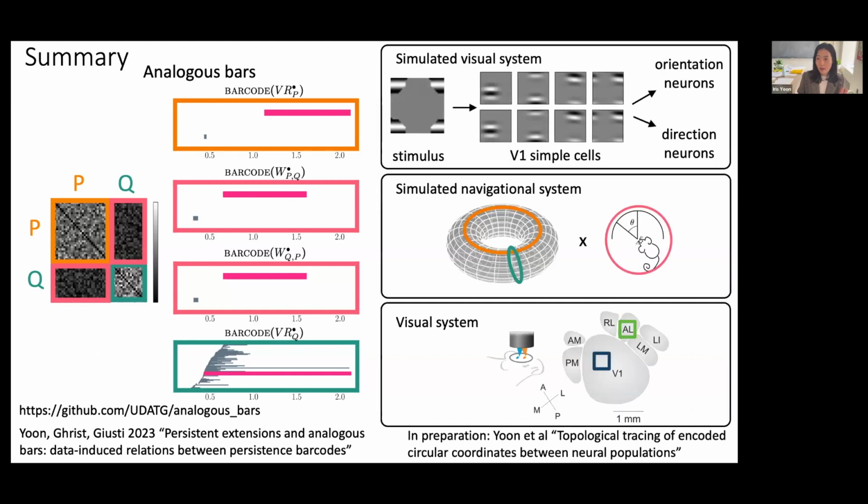I did not go through all the simulations and experimental studies that we've done, but we've done some proof of concept verifying that the method performs as we expect: if there are circular features that are related, our method picks them up, and if you do have independent features, then our method will not identify them as being related.